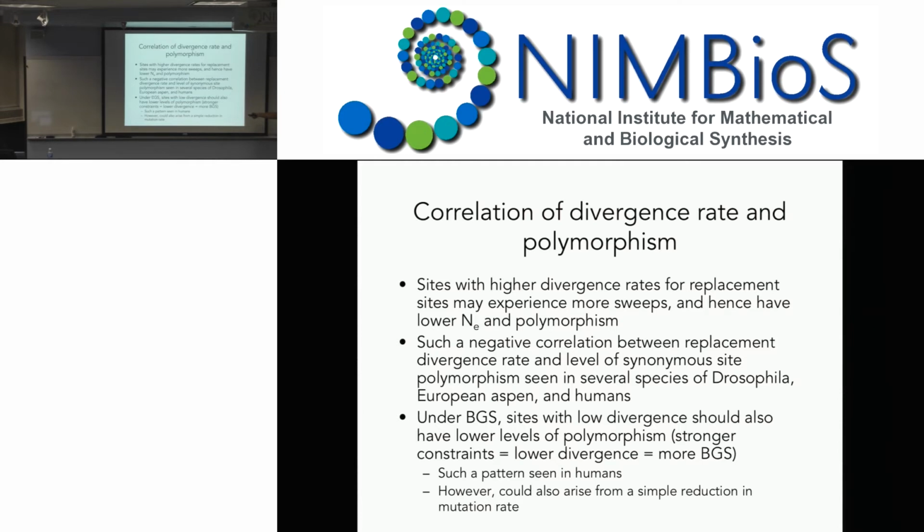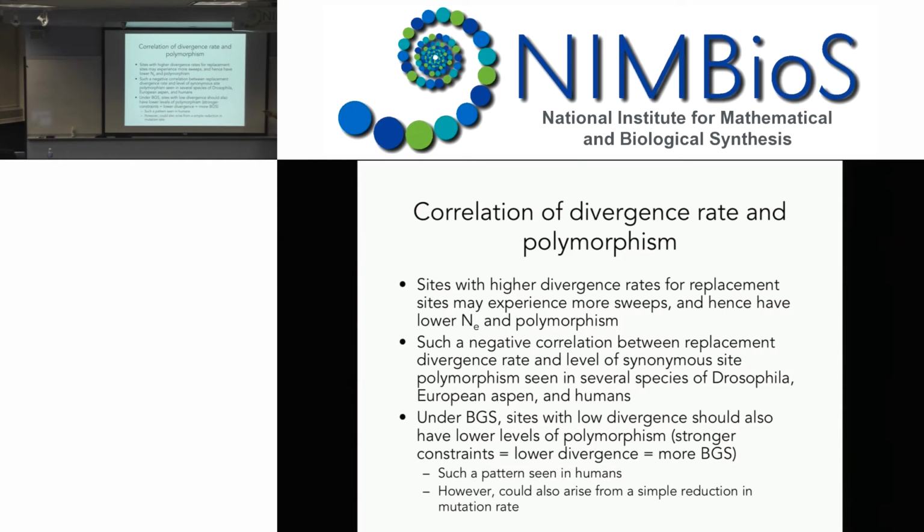However, under background selection, sites with low divergence should also have lower levels of polymorphism. Why? Low divergence means stronger constraints. Stronger constraints means that more sites, more mutations tend to be deleterious. That means a higher amount of background selection.